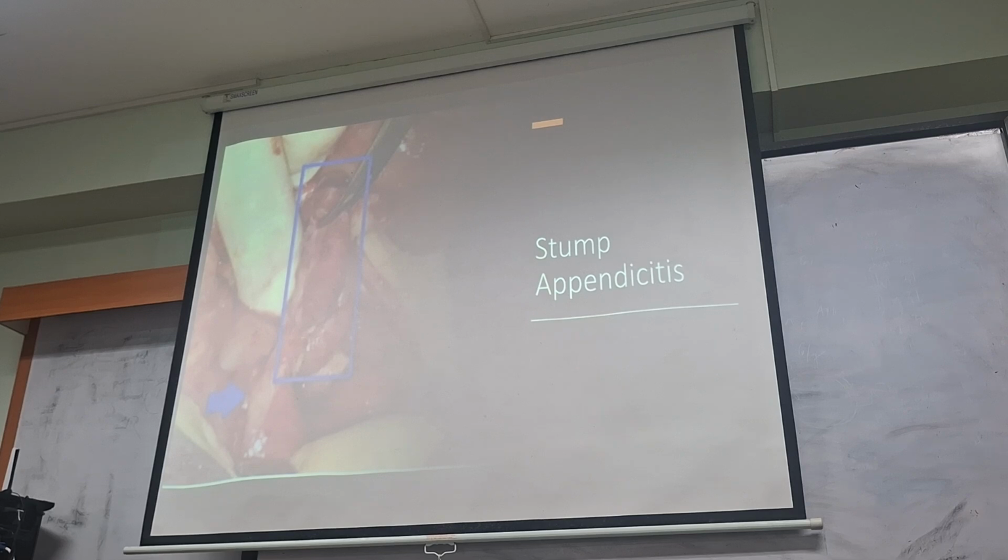And there's a higher chance of it getting inflamed because the lumen is going to be narrower due to the previous bout of inflammation. If you remember in pathology, one of the things that happens after inflammation is wound contraction. And this is a hollow organ, so what usually happens to hollow organs is luminal narrowing.